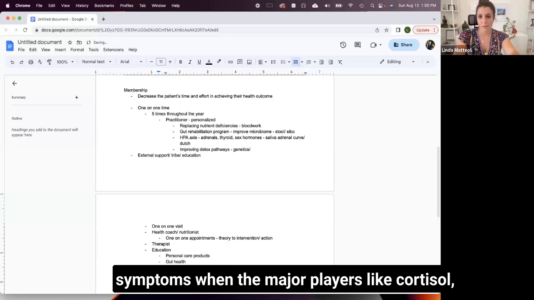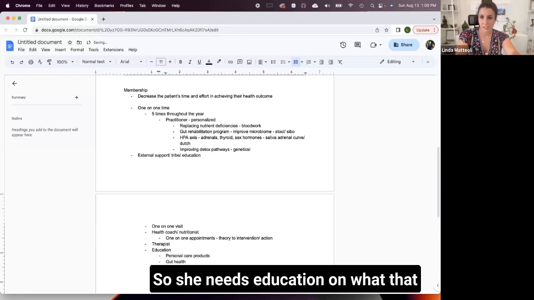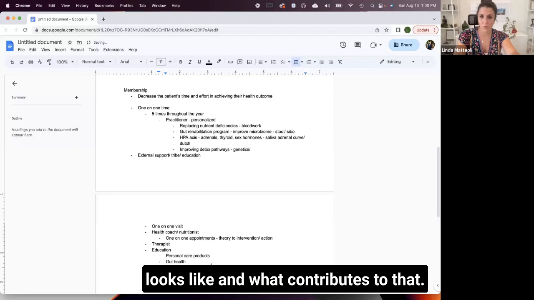She needs education on hormone health, signs, symptoms, when the major players like cortisol, thyroid, sex hormones are imbalanced. So she needs education on what that looks like and what contributes to that.